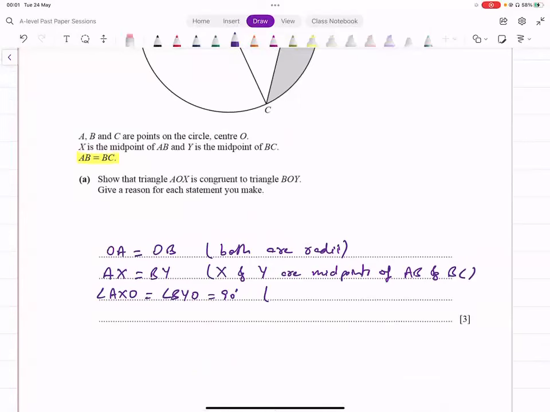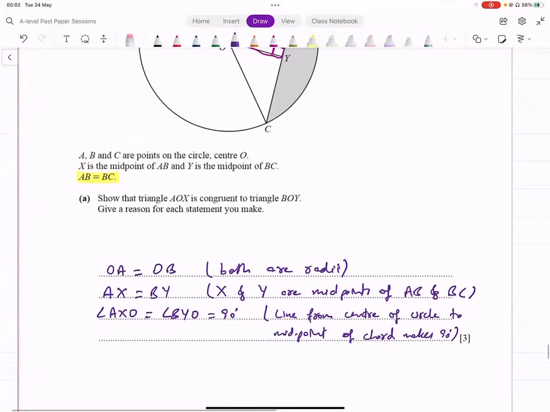We can say line coming from center of circle to midpoint of chord makes 90 degrees. This is the third equal angle we've got.